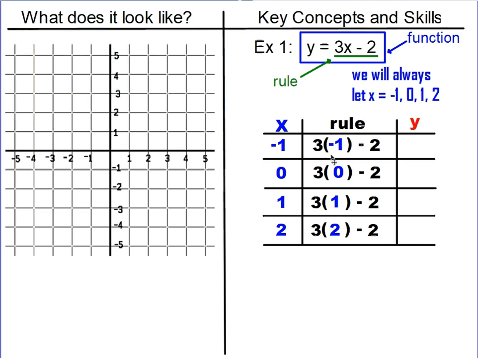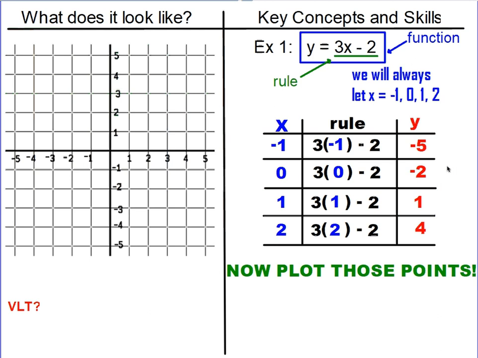And so again, all you have to do is multiply, add, and subtract carefully, so that way you're good. And so you're going to have 3 times -1 is -3, minus 2 gives you -5. And so your output is going to be that y value. So as you are calculating each of these, you have to be very careful on your operations and everything that you type into that calculator.